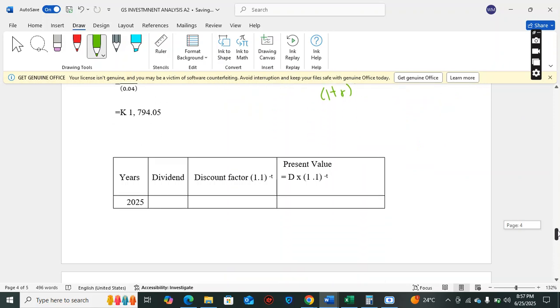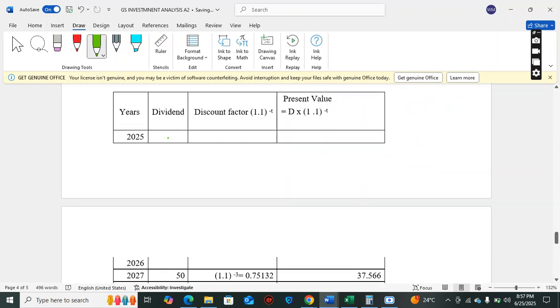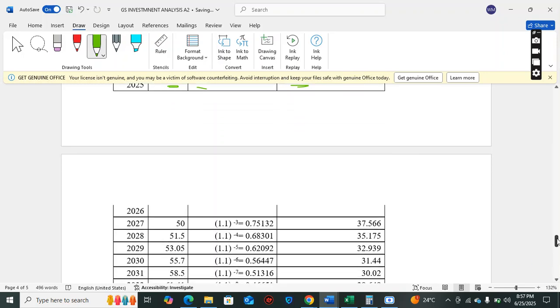All right. So in 2025, no dividend is paid, zero. Present value is zero. 2026, no dividend is paid, zero. Now, when we come to 2027, our future value is this 50 here. Because remember, we're doing present value equals future value times 1 plus r to the power negative t.